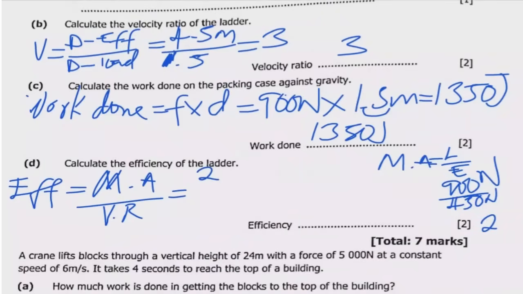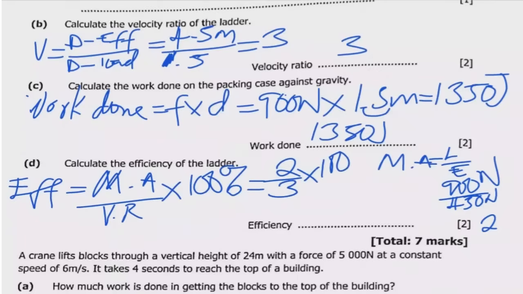Now before we write 2 there, one thing I didn't include is multiplied by 100%. Sorry, I was too fast. Then we say mechanical advantage, which is 2, over velocity ratio, which we got as 3. So we say over 3 times 100.